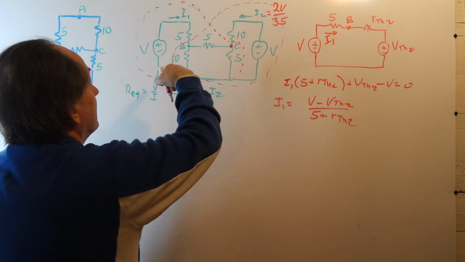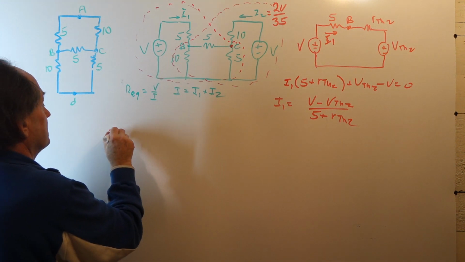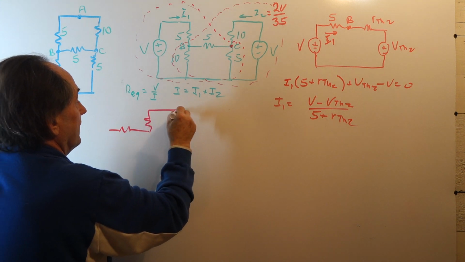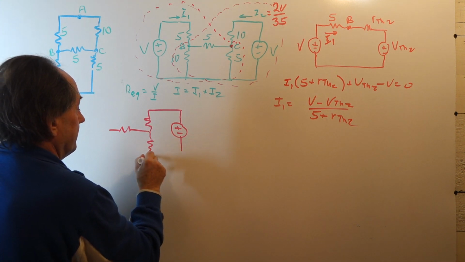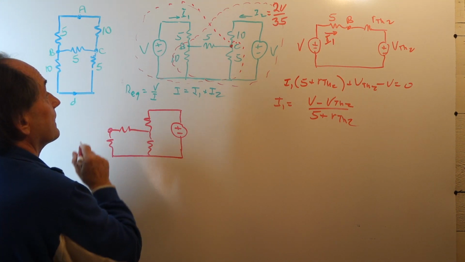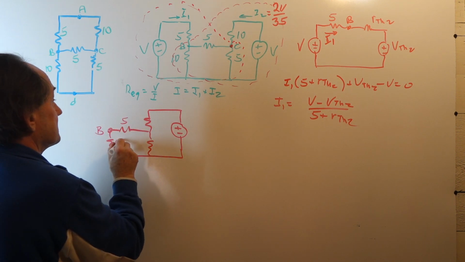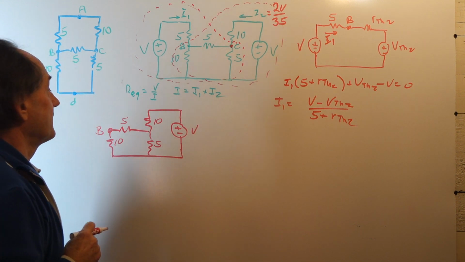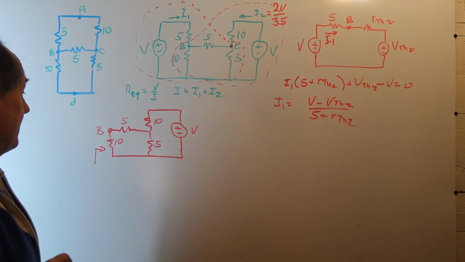Okay, well, let's look at our equivalent network. Our equivalent network looks like this. First, we extract the portion of the network that we're going to get our Thevenin equivalent of. So this is node B, this is 5, this is 10, this is 10, this is 5, and this is V. So we want to find the Thevenin equivalent looking in there.